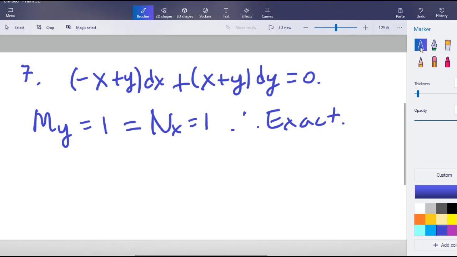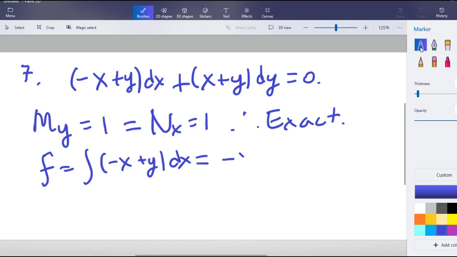Now, one version of the function f will be the integral of negative x plus y with respect to x. Just take this and integrate it with respect to x. You get negative x squared over 2 plus xy plus an arbitrary function of y.